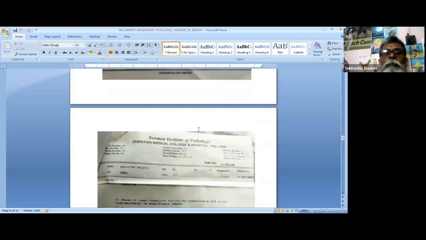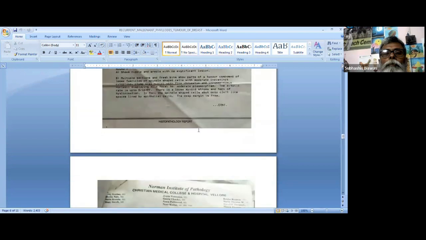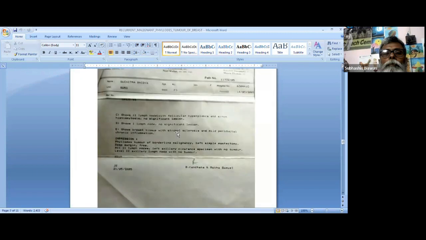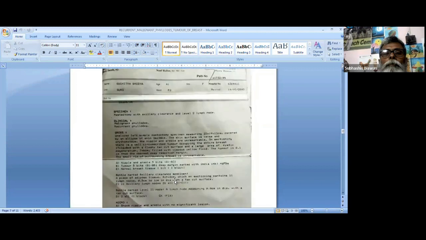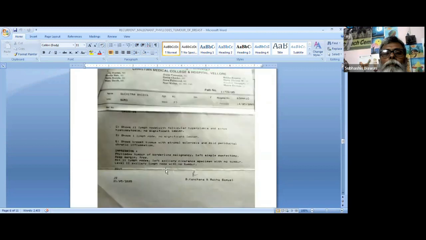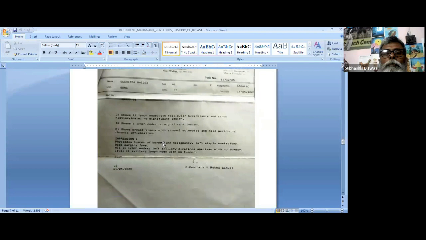Now, the most interesting thing: at the same time, one sample showed that it was a malignant phyllodes, and another sample showed phyllodes tumor of borderline malignancy.